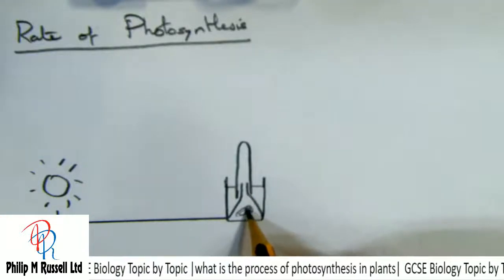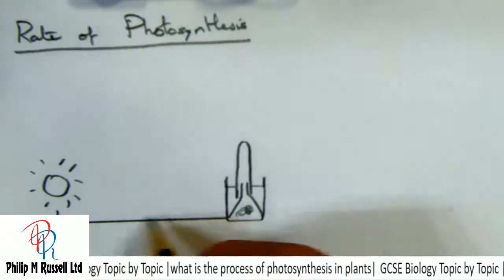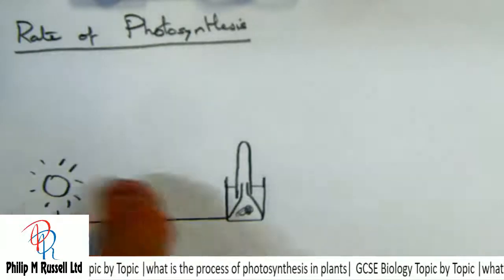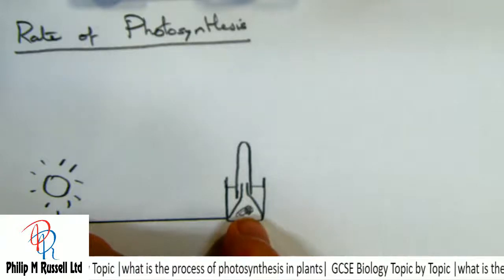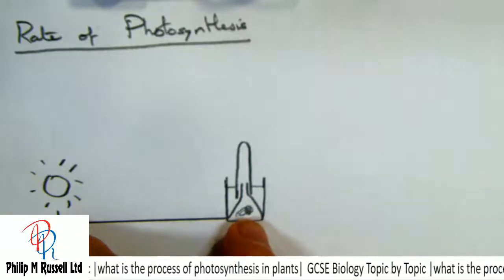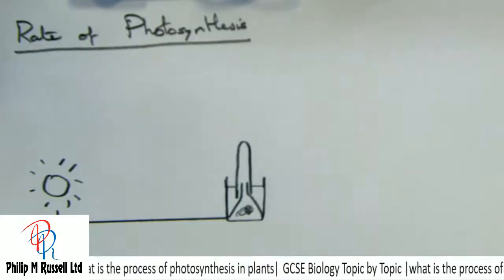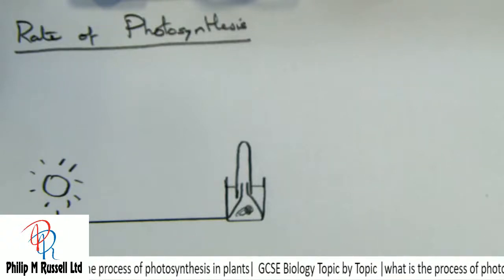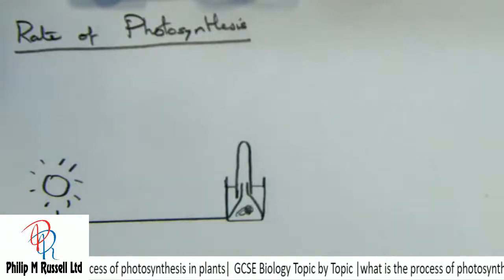So with the plant sitting in here, we can set up and measure and record basically the distance here, and we can try to work out something about the light intensity and the rate of photosynthesis. And as I've said, the rate of photosynthesis is easier to record if we simply measure the bubbles coming off.